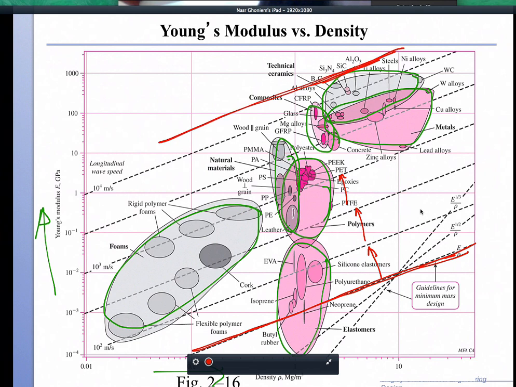Therefore I discovered that I have to select a ceramic material like silicon carbide and silicon nitride. So that's a kind of material selection without any other design constraint.